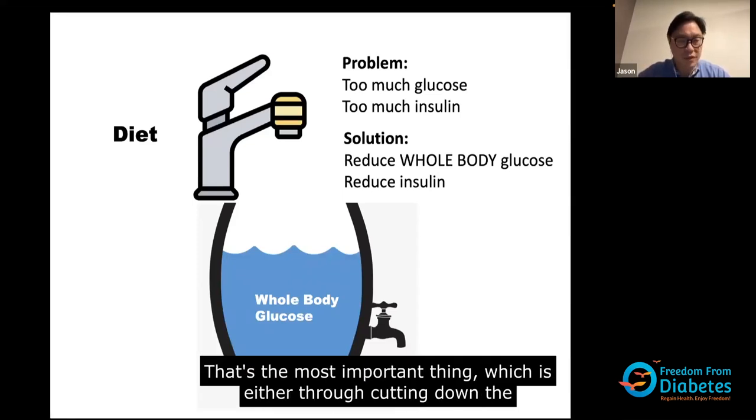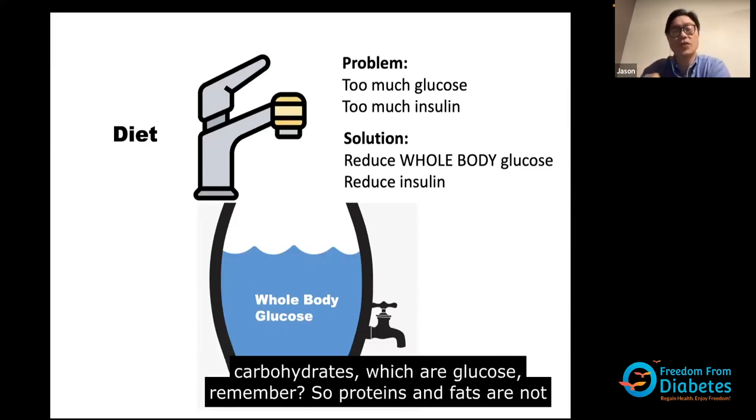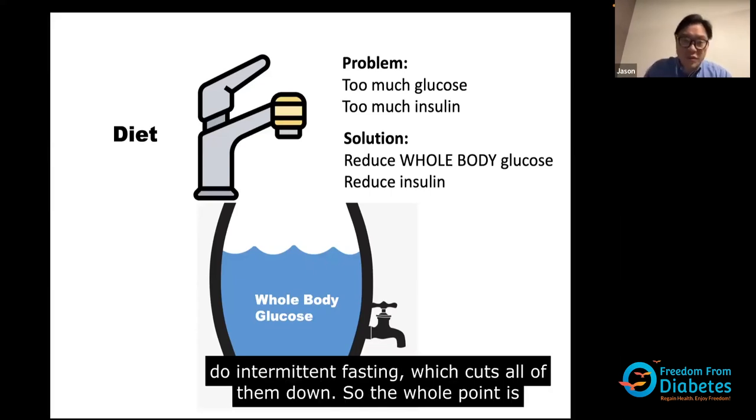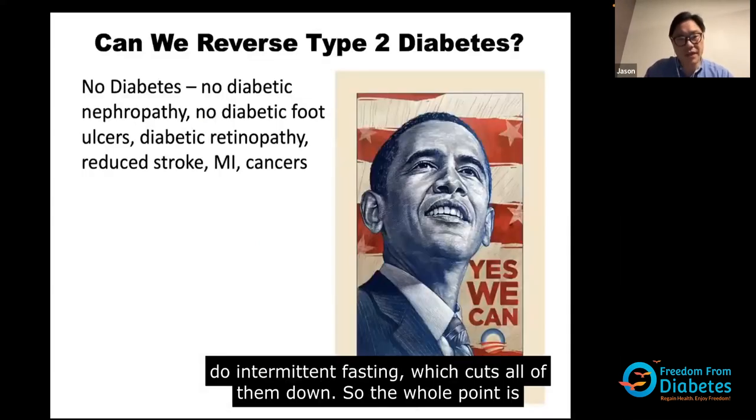That's the most important thing, which is either, through cutting down the carbohydrates, which are glucose, remember, so proteins and fats are not glucose. They're triglycerides and amino acids. Or you could do intermittent fasting, which cuts all of them down.